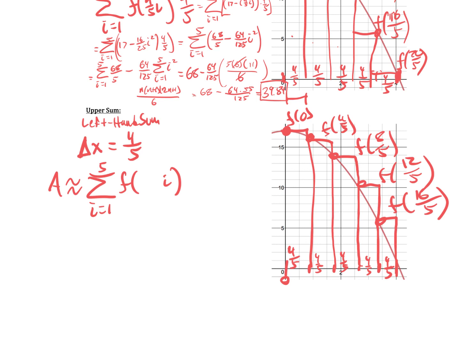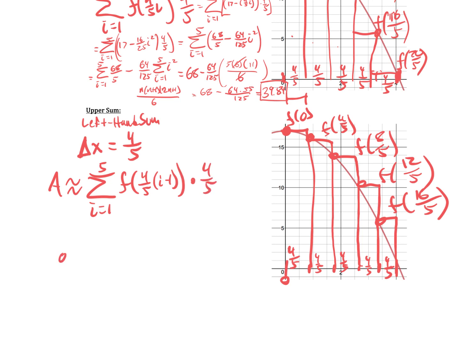So it's 1 less than what the i value is. So we're going to have 4/5, not times 1, but 4/5 times i minus 1. And that's the height, and the width is 4/5.